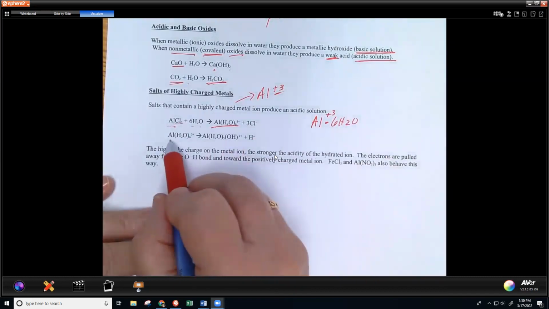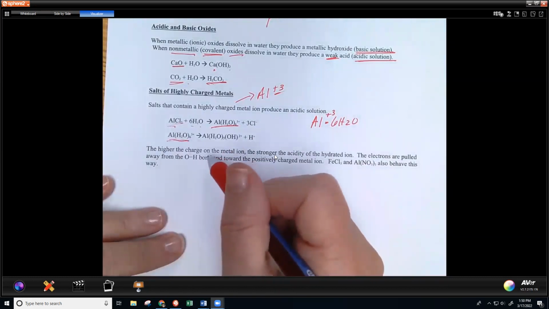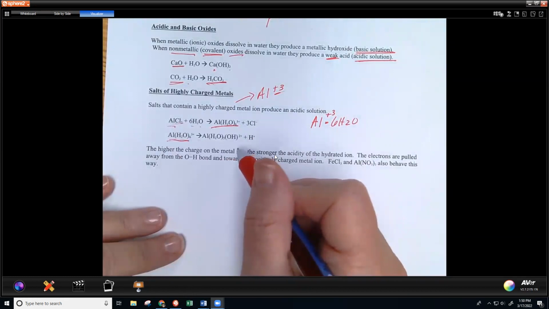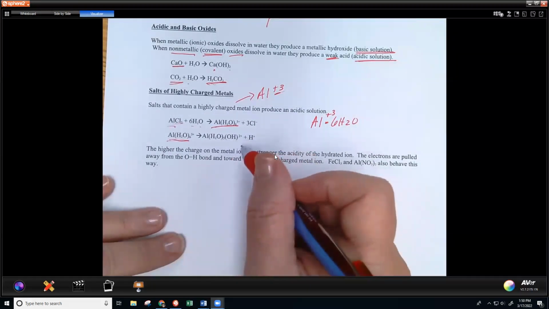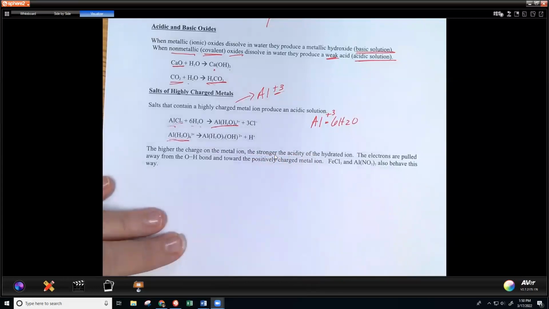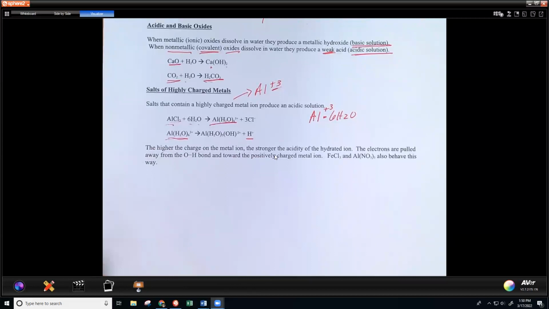But then that metal hydrate, whenever it's put in with water, is going to lose one of the hydrogens because they're not held on to very tightly. And then I'm going to get my acidic solution. So really, you don't have to do much work in this.